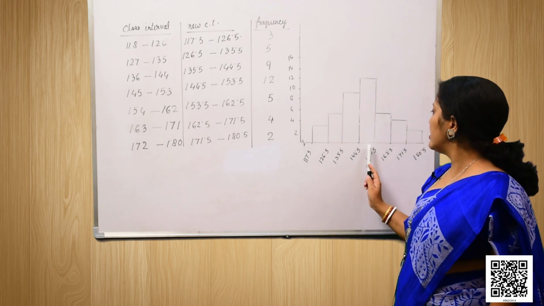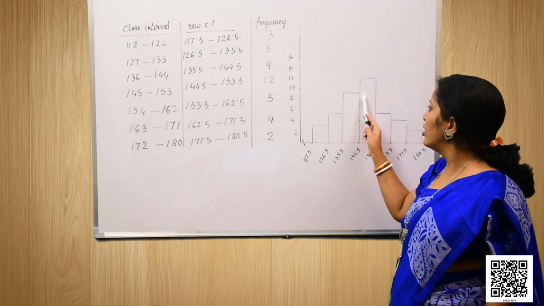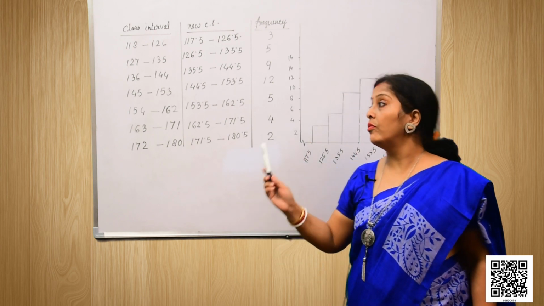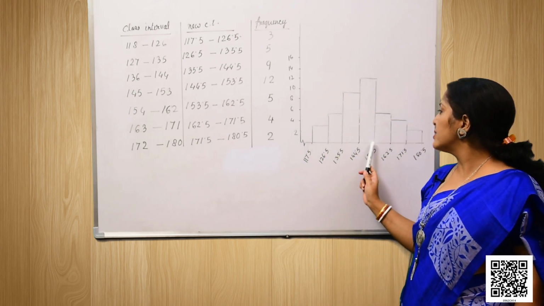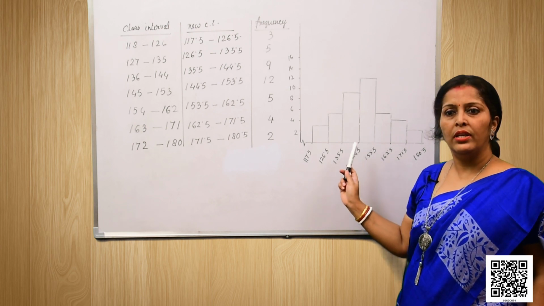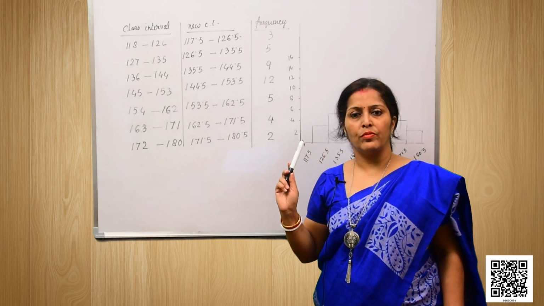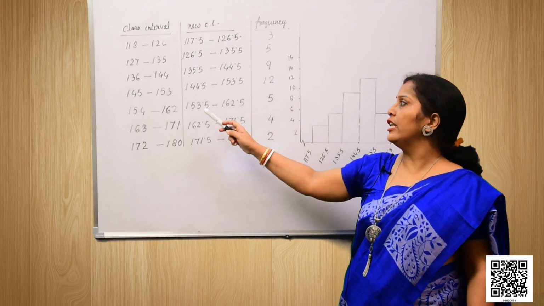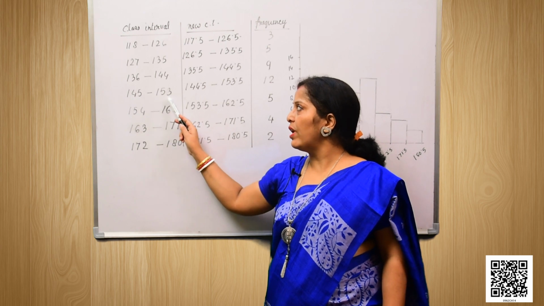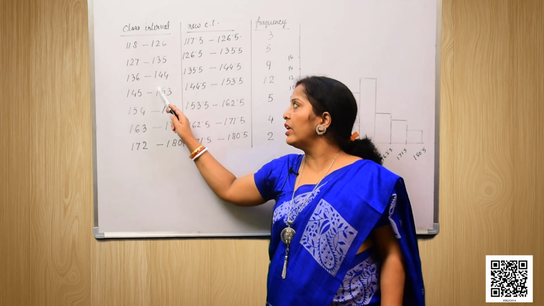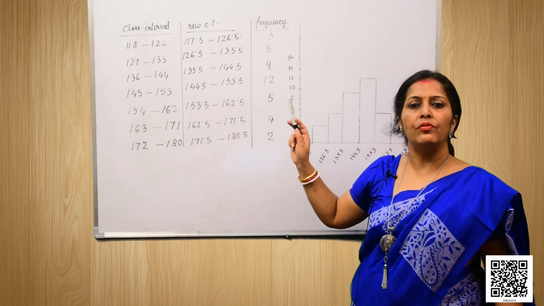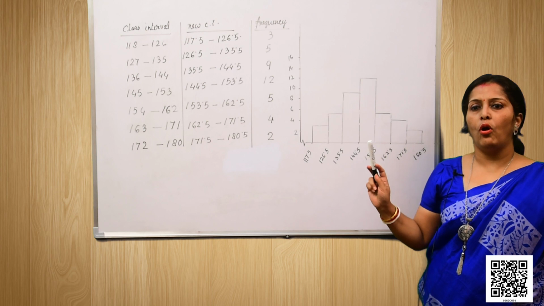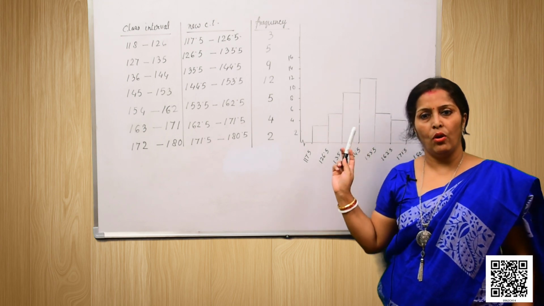In the graph also you can check that this is the highest one. We can come to the conclusion that the highest one, that is 12, is in the limit 145 to 153, and since we are not including this 153, we can conclude that the maximum number of leaves are not of 153 millimeter long.